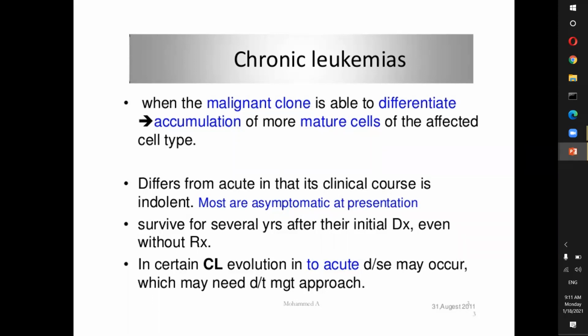Our problem in chronic leukemia is the accumulation of mature cells. When the malignant clone is able to differentiate and results in accumulation of more mature cells, it gives us the same results: the mature cells will accumulate, meaning a single malignant clone.